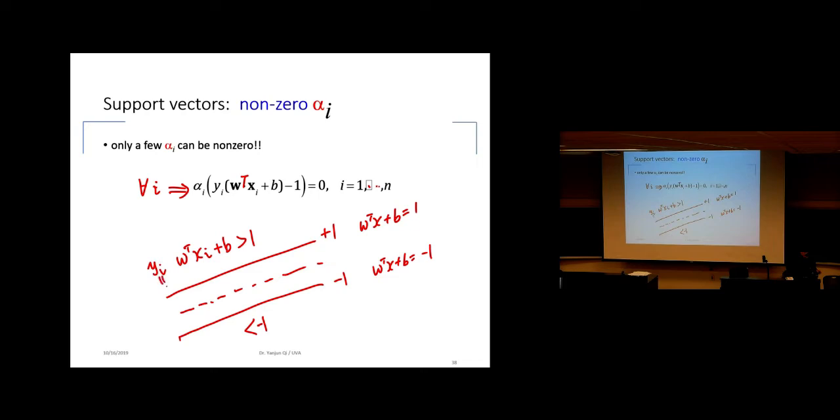Their true yi equals 1, so this multiplication is guaranteed to be larger than 1, which means this number minus 1 is guaranteed to be positive. If this is positive, the only way to make this whole thing 0 is what? Alpha I equal to 0.